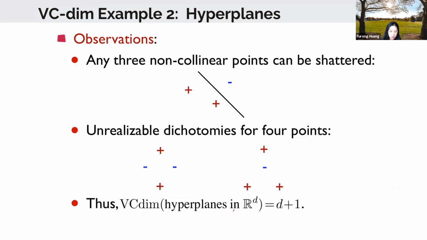All right. Now I hope we understand why, as long as there exist such points, we're fine. So now we're coming to the unrealizability, or the upper bound, right? In this 2-dimensional space, the unrealizable dichotomies for 4 points are the following. If you have 4 points, you cannot realize them if you have such a dichotomy.